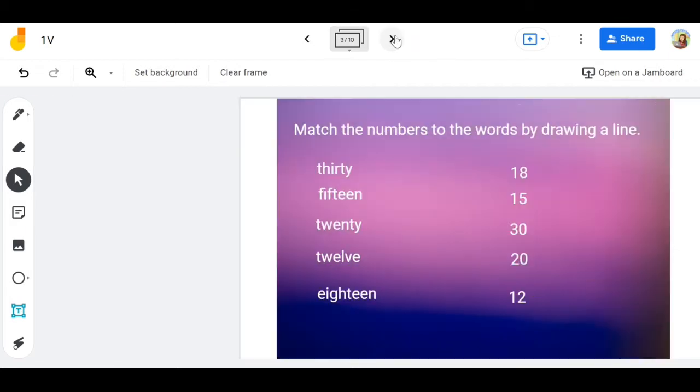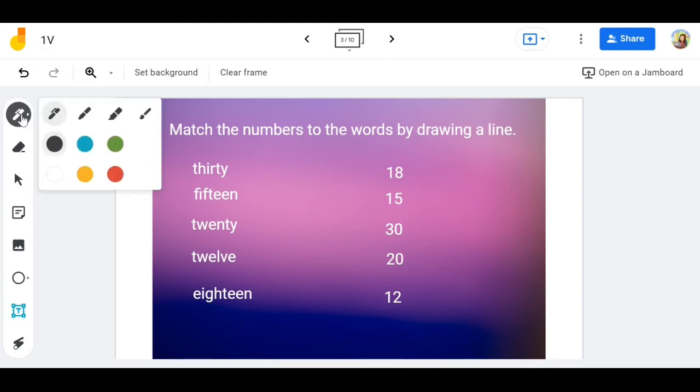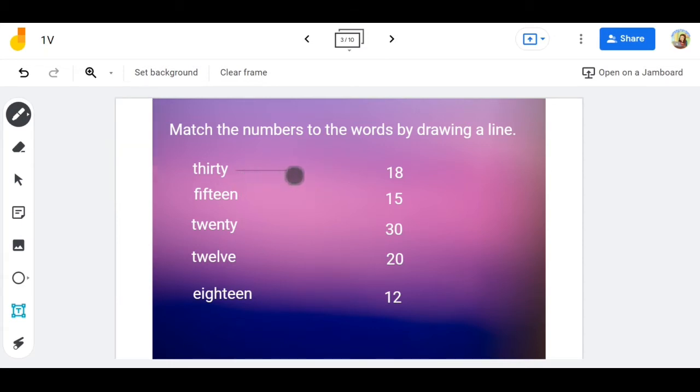All right, next page. Now you're going to match the numbers to the words by drawing a line. Using our pen tool, we get our pen, we hold down our shift key, and we can make a line to whichever number matches.